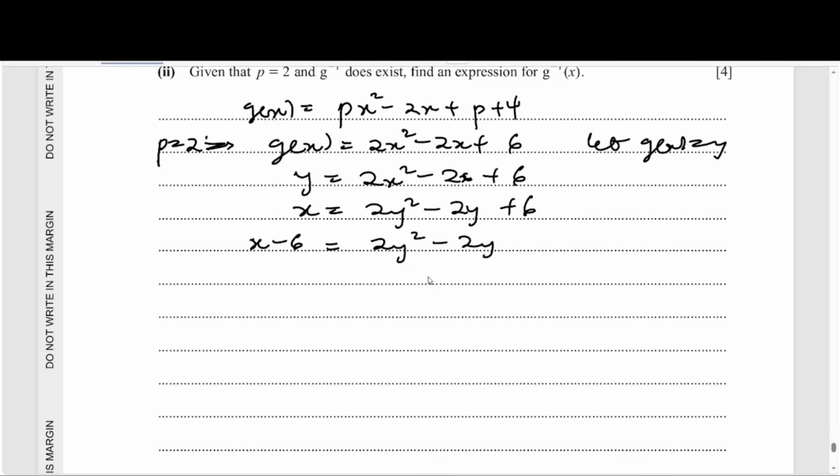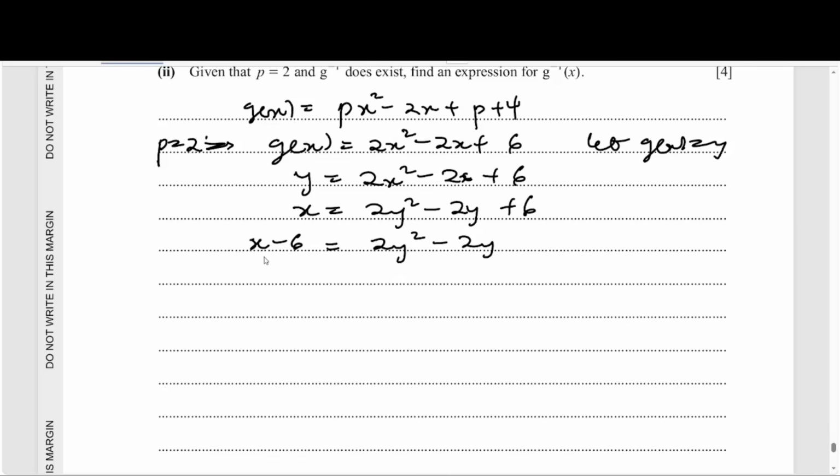And whenever we try completing the square, we need to make sure that the coefficient of the squared term, in this case y squared, is 1. At this point, it is 2. So what we can do is factor out the 2, or better still, divide through by 2.